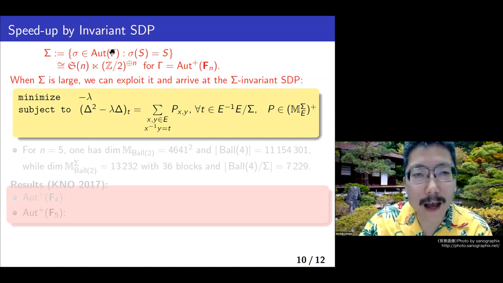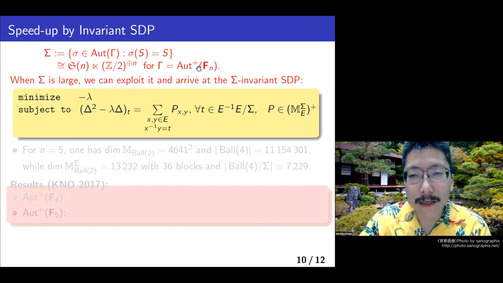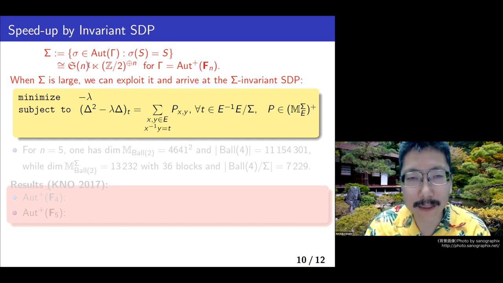The group is gamma, and we consider the subgroup of automorphisms that fixes this generating set. In case gamma is the automorphism group of the free group, this is the symmetric group changing the basis, and also flipping the basis element g_i to g_i inverse.